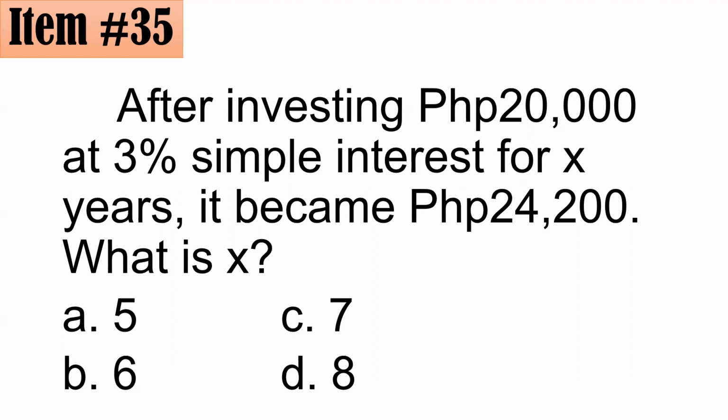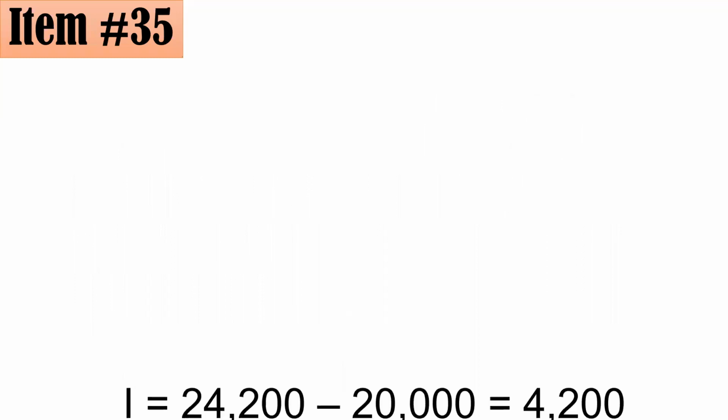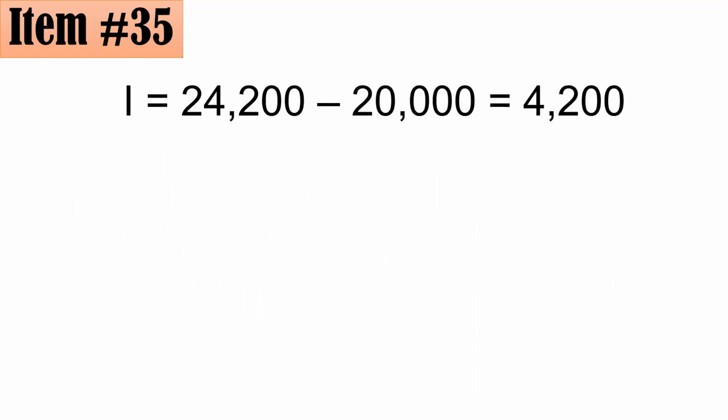Okay, so very good. We will subtract. Ito yung ininvest mo na 20,000, yung future value niya ay naging 24,200, which means to get the simple interest, all you have to do is subtract the principal amount from the future value, no? So 24,200 minus 20,000 is 4,200. Yun po yung ating interest.